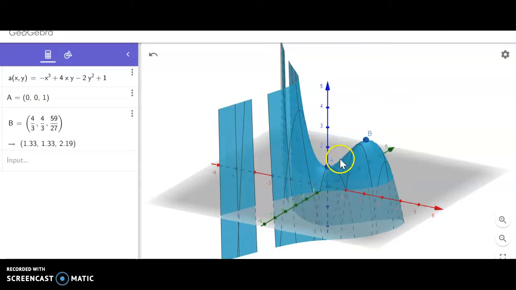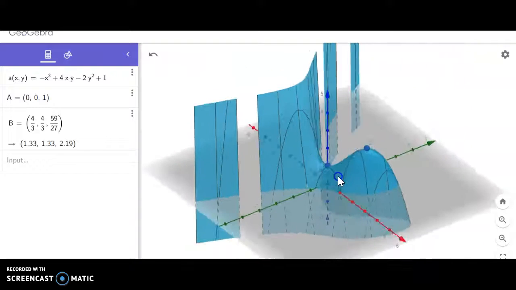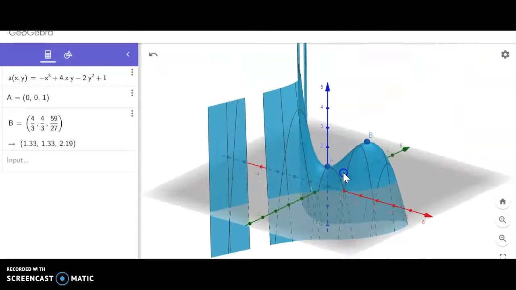Can I spin it? Super cool. And then I can come over here, B, (4/3, 4/3), and then 59 over 27, which you can get by plugging in and using your calculator. We get this, and look, B, right there, we get a max. So you should see all those spots right there.